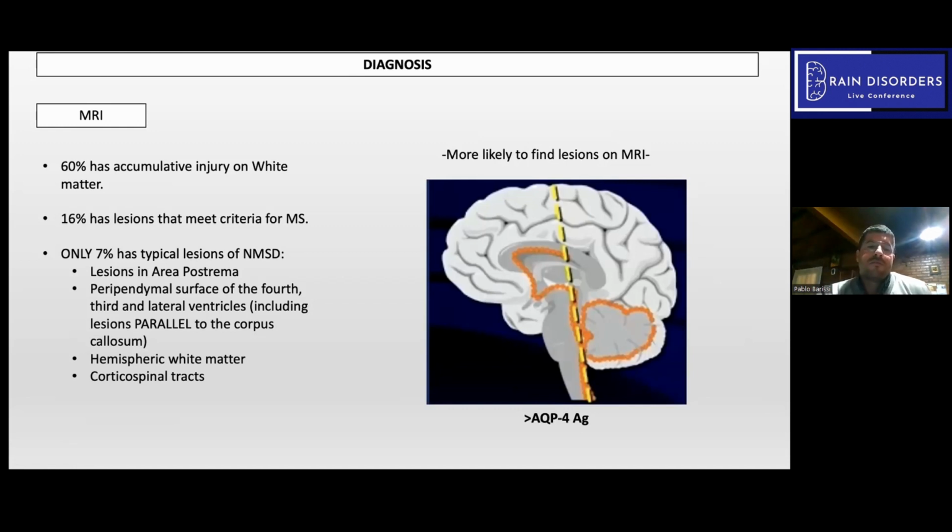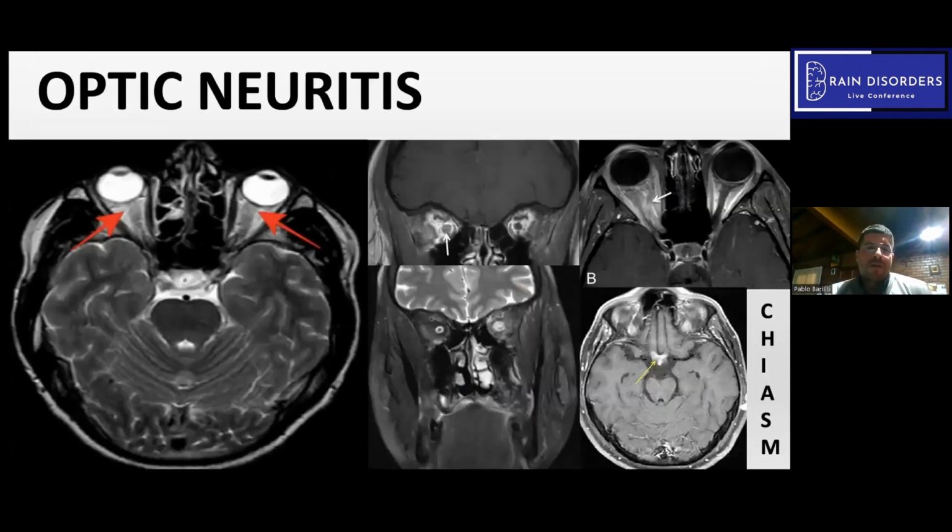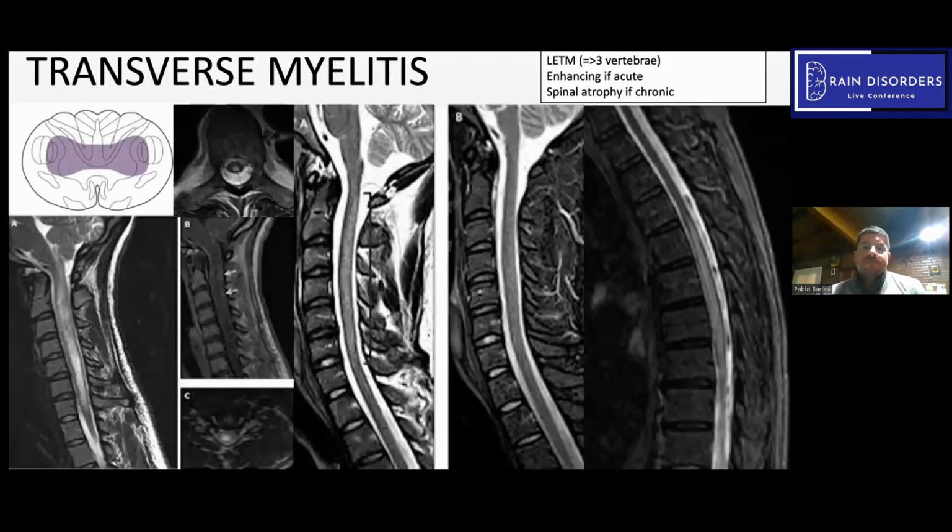Let's see some images. Next, please. We have here the optic neuritis, bilateral, and in the first image the enhancement of the sheath, and then we have the chiasmitis. Next, please. Transverse myelitis.